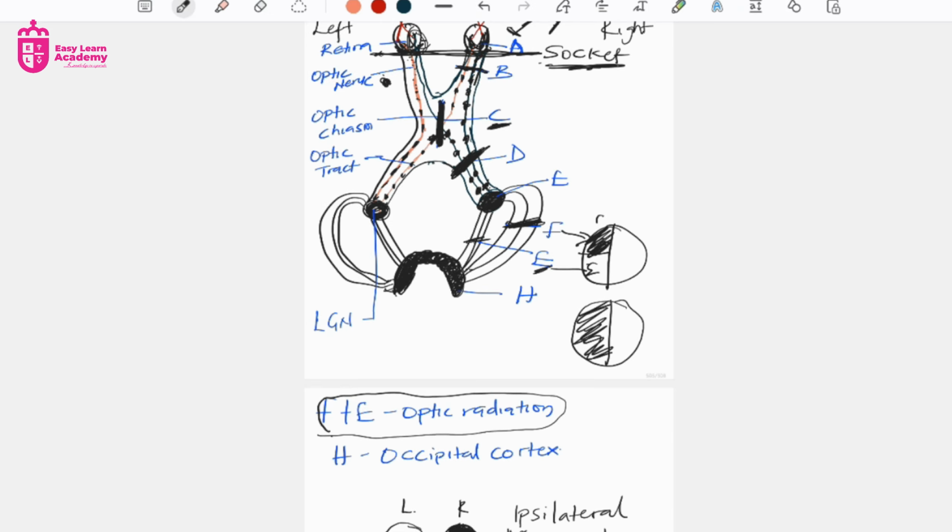Who's struggling with what I've just said? This whole thing, the 6 strands, is your optic radiation. But if you see it, it's been broken down into 2 sides. One side is where we have labeled F, and the other side has been labeled E. Sorry, let's label this one E, and let's turn this G. So this is going to be G, sorry.